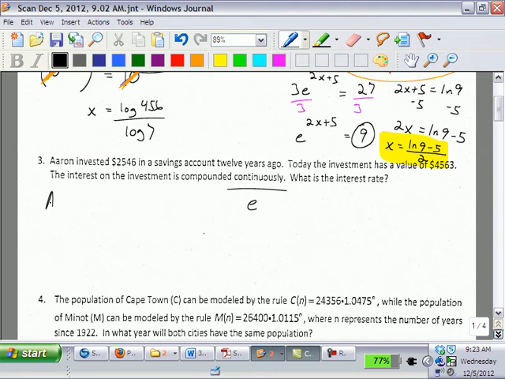So the formula we have, A equals P e to the RT. This is your end. This is your start. R is your rate, and this rate is as a decimal. And T is time, usually in years.